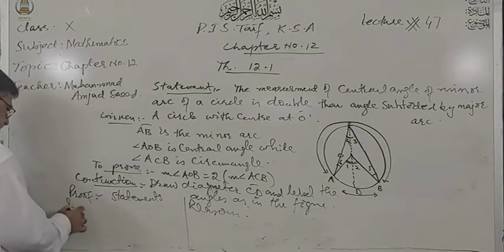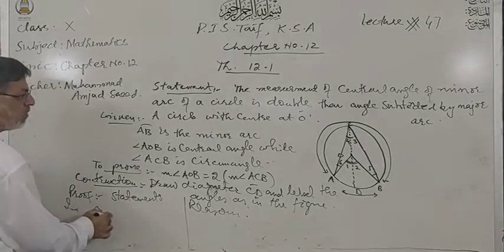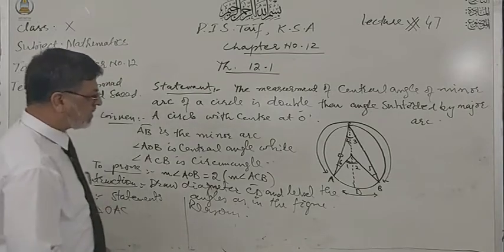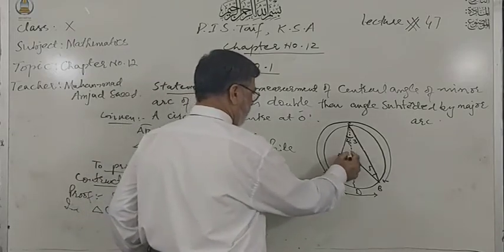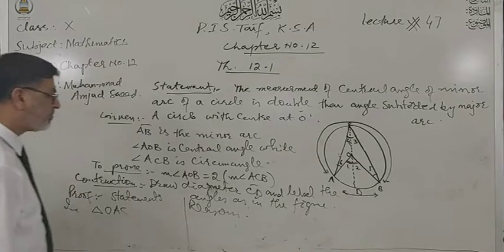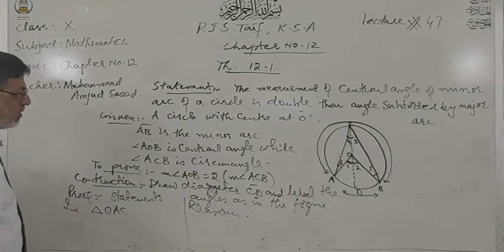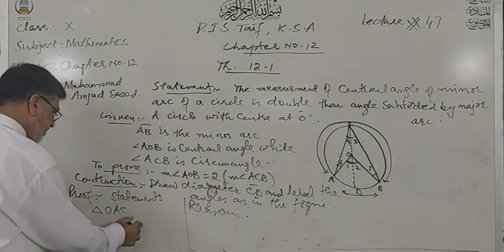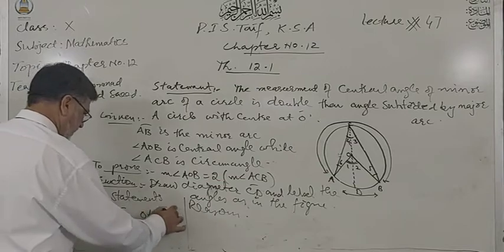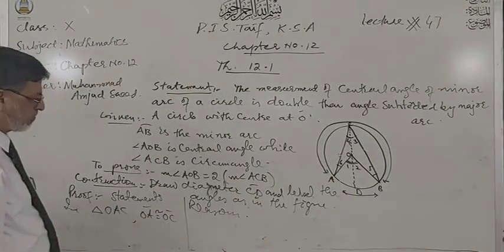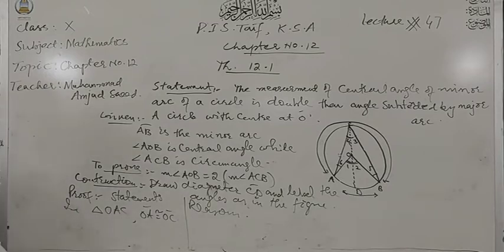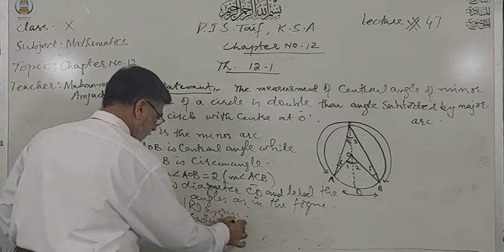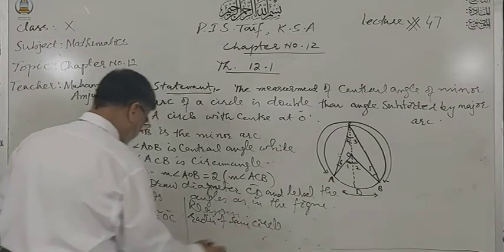Now in triangle OAC, OA is congruent to OC, because they are radii of the same circle.